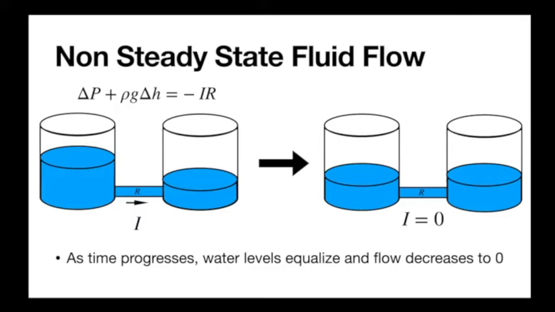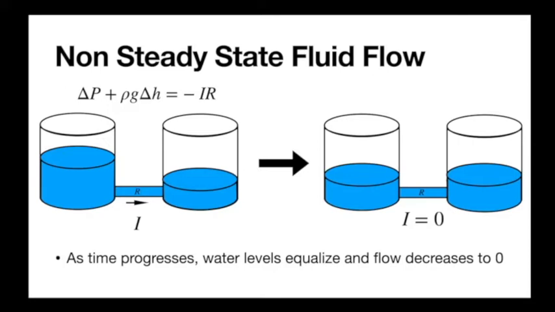Let's say our start point is the top of one fluid column, so the surface of one, and then the end point is the surface of the other. Now it's clear why we didn't write kinetic energy density out, right? We have a delta P, whatever, some change in pressure. There's some rho G delta H, because those two water levels are different, right?